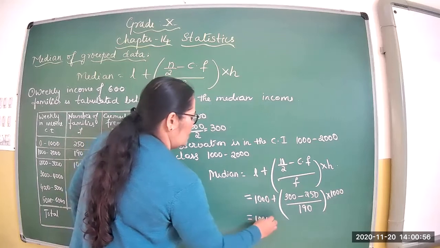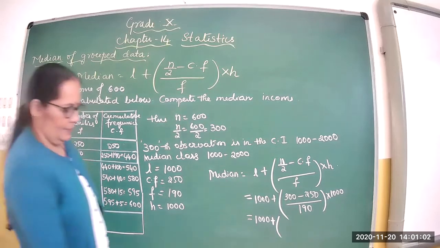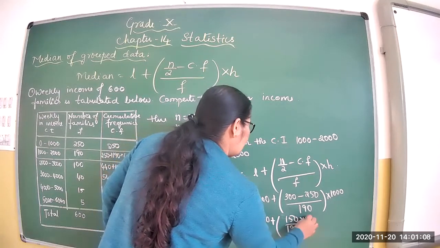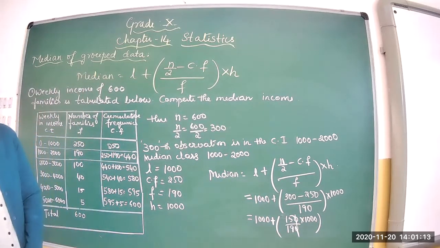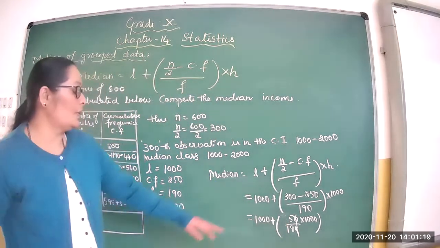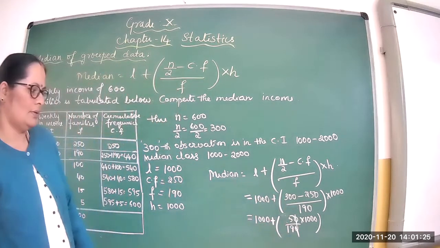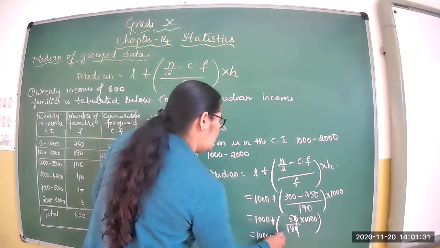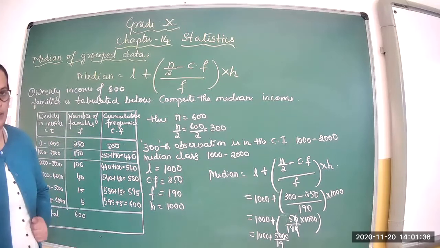Simplify: 1000 plus 300 minus 250, which is 50, by 190 into 1000. Zeros cancel. So 1000 plus 5000 by 19.